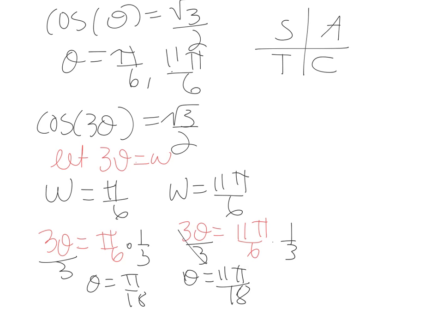So now, again, we're going to consider going around the unit circle 3 times. So if I have my unit circle, I know that I go around once and I get those first 2 values. When I go around again, it's like, what's pi over 6 past 2 pi?